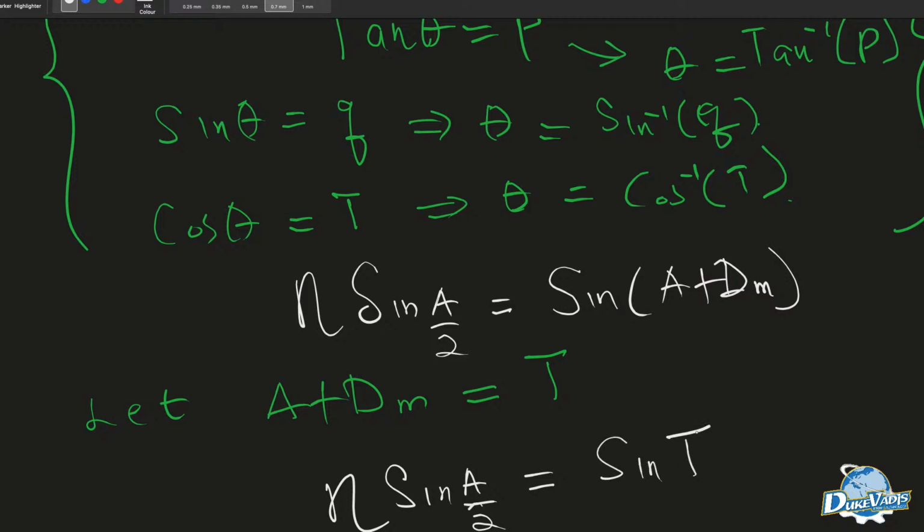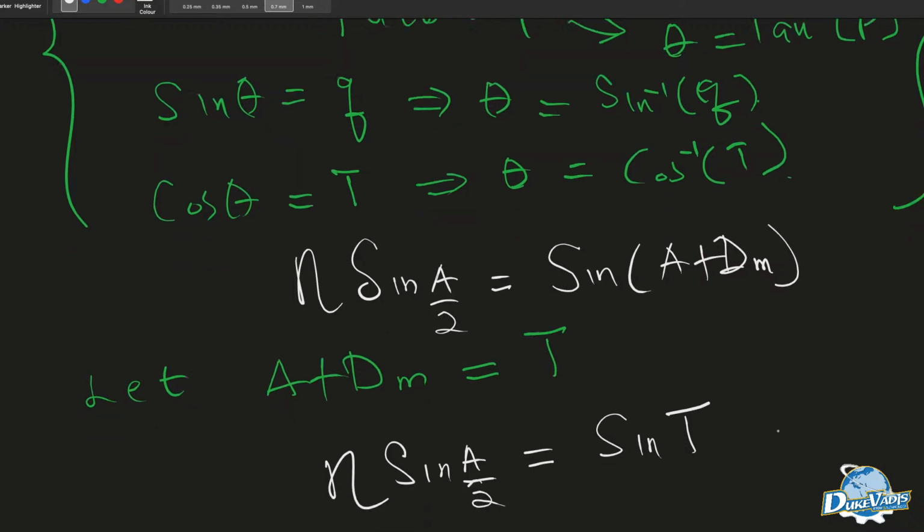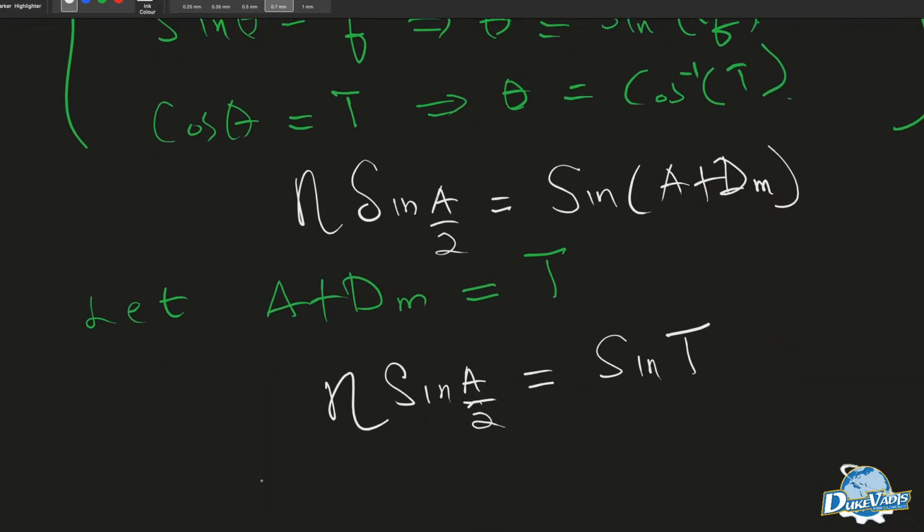So to make T the subject over here, this implies that sine T is equal to n sine A over 2.